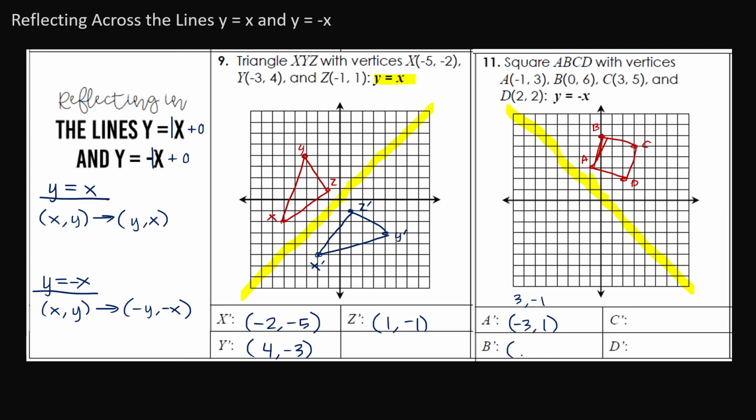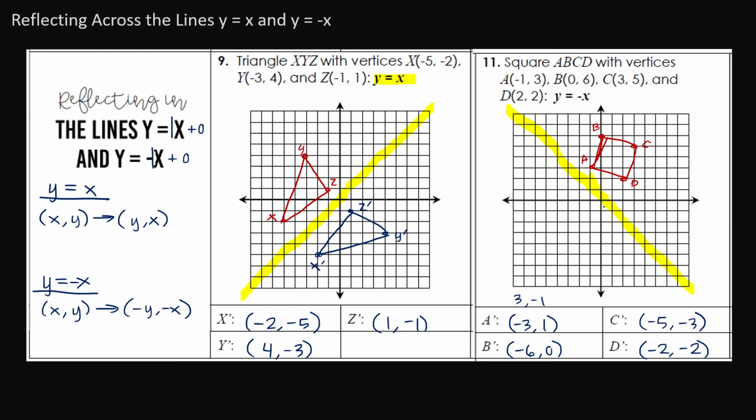So when we flip the x and y coordinates and change their sign, it's going to be (-6, 0). You can't have positive or negative 0. For C, we start at (3, 5). We'll change to (-5, -3). And for D, we're switching, changing sign, (-2, -2) is D prime.